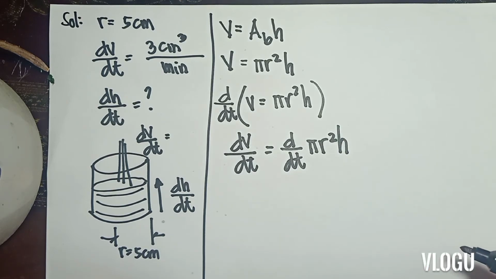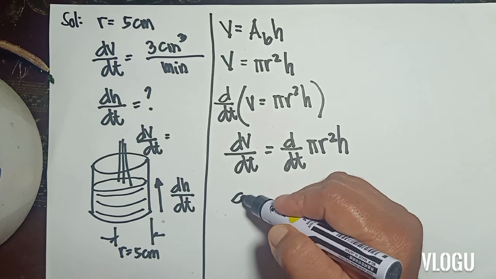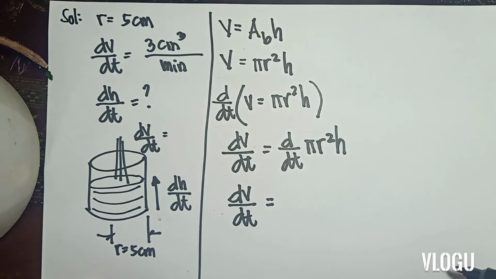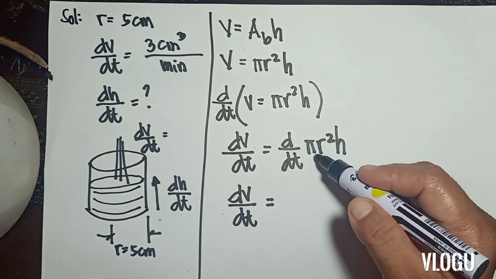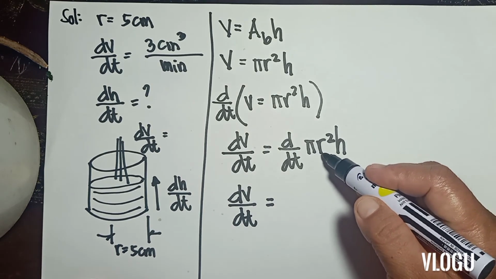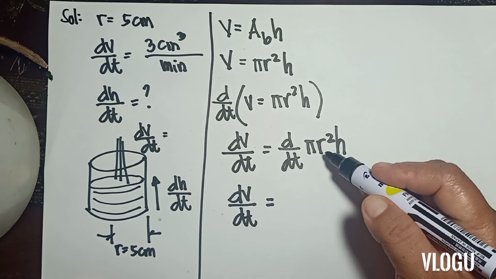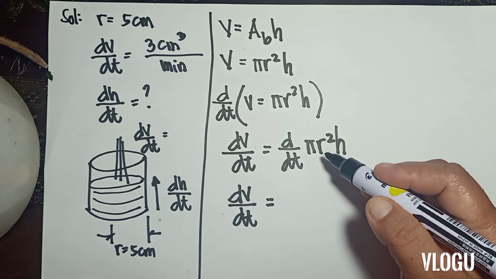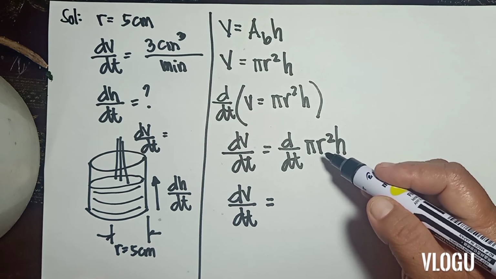So dV/dt is equal to the derivative of pi r squared times height. Pi is constant. Radius is constant too, because when we put water inside the cylinder, the radius of the water is not changing. It's only the height.